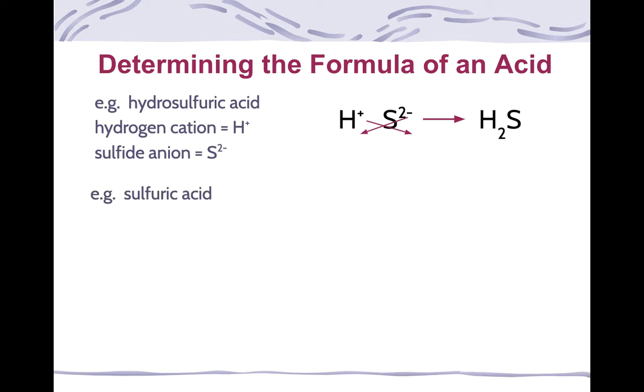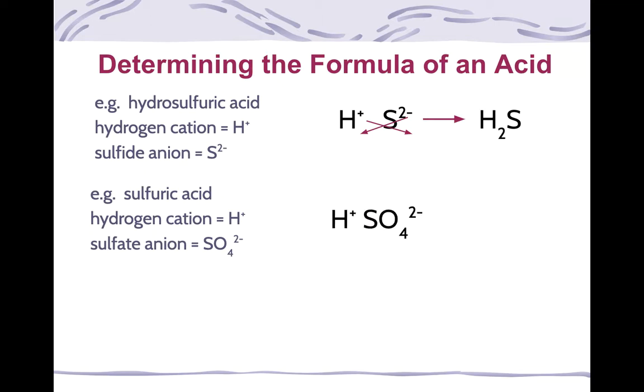The fact that the hydro is missing tells us we're not dealing with sulfur here, but rather we're dealing with the sulfate anion. So we've got a hydrogen cation and the sulfate anion, which is SO4 2-. Cross them over, H2SO4. So it's a small change from hydrosulfuric acid to sulfuric acid, but they're very different things.